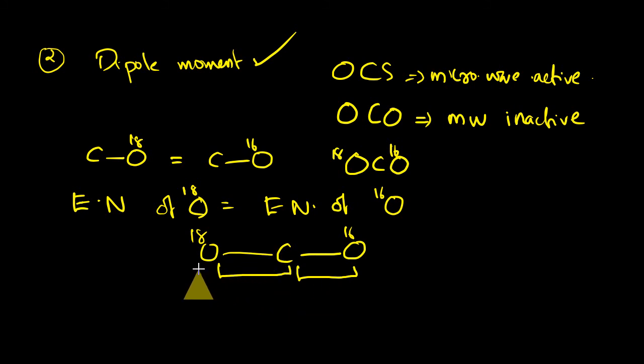And this atom will have the same electronegativity as this one, even if they are different isotopes. So both atoms are placed at equal distance at both sides of the carbon, and at the same time both are pulling the electrons towards their side with the same strength. Therefore, what will be the result? It will not have a net dipole moment. So even if there is an isotopic substitution, the dipole moment is not changing.